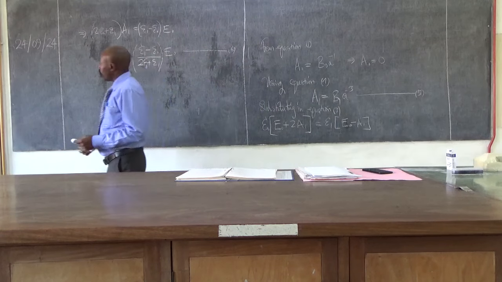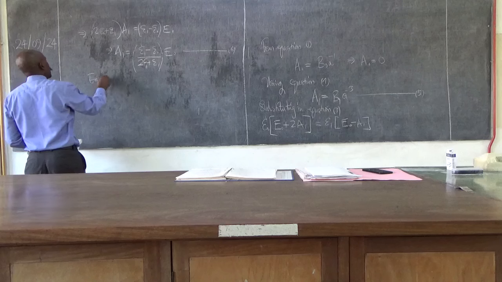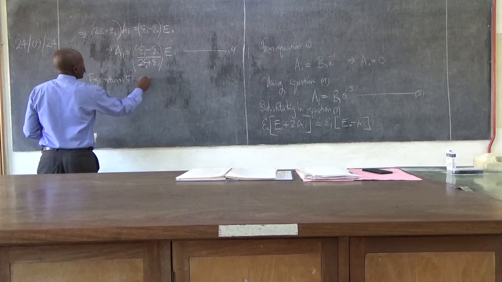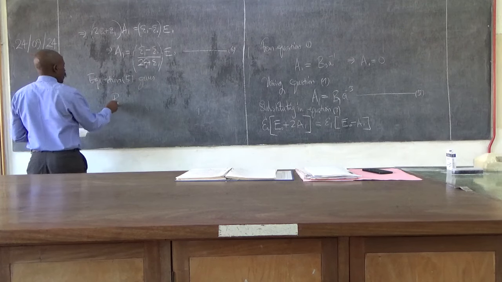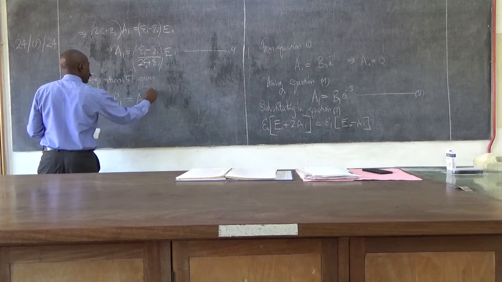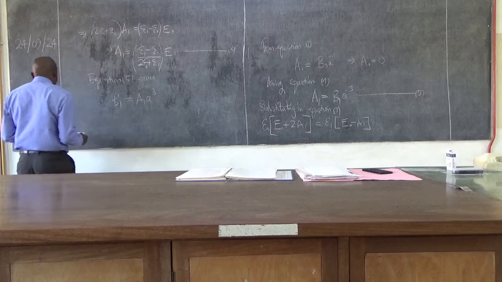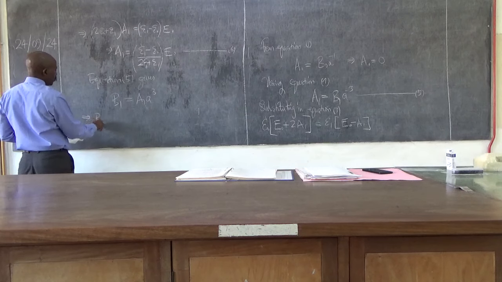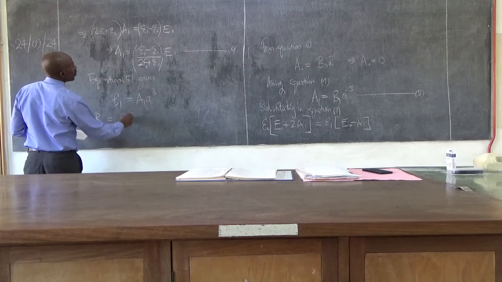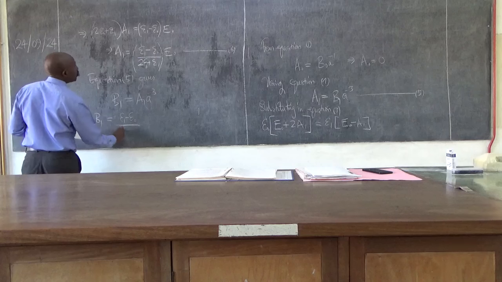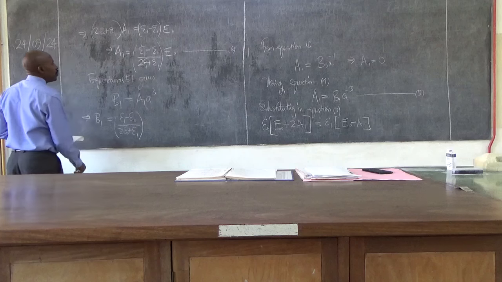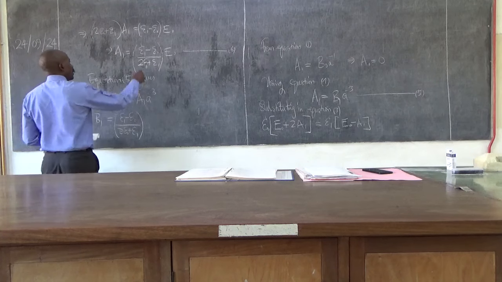Both. Equation 5 gives B1 equaling A1 at positive 3. And this would imply that B1, if we substitute for A1 there, will be the same as epsilon 1 minus epsilon naught over 2 epsilon naught plus epsilon 1 into the A1 is this.